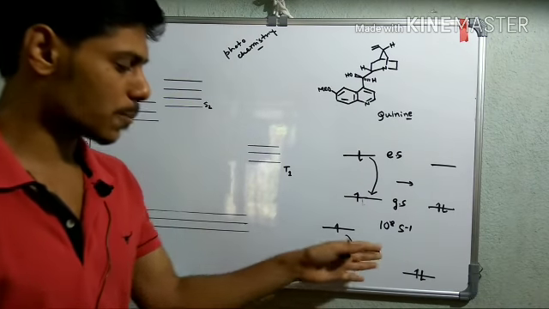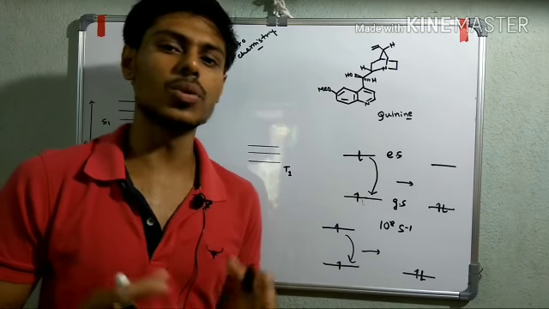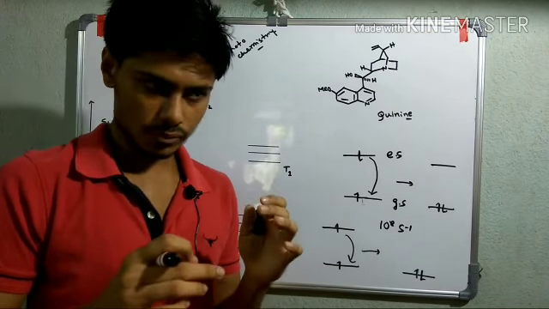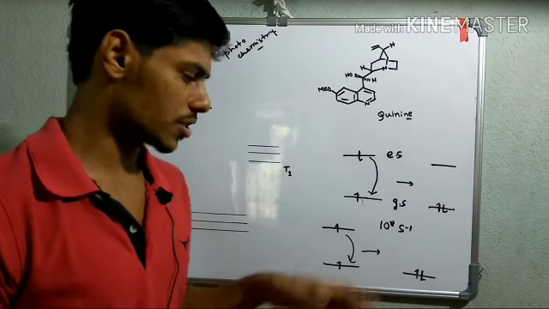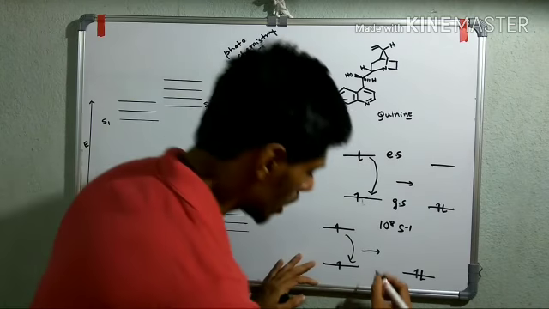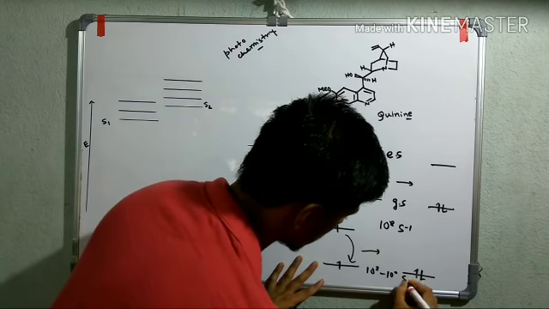So that means this process involves a change in spin state, and any transition which involves a change in spin state is spin forbidden. So this transition is spin forbidden, that's why the rate of this process is very slow. It generally remains 10 to the power 3 to 10 to the power 0 second inverse.